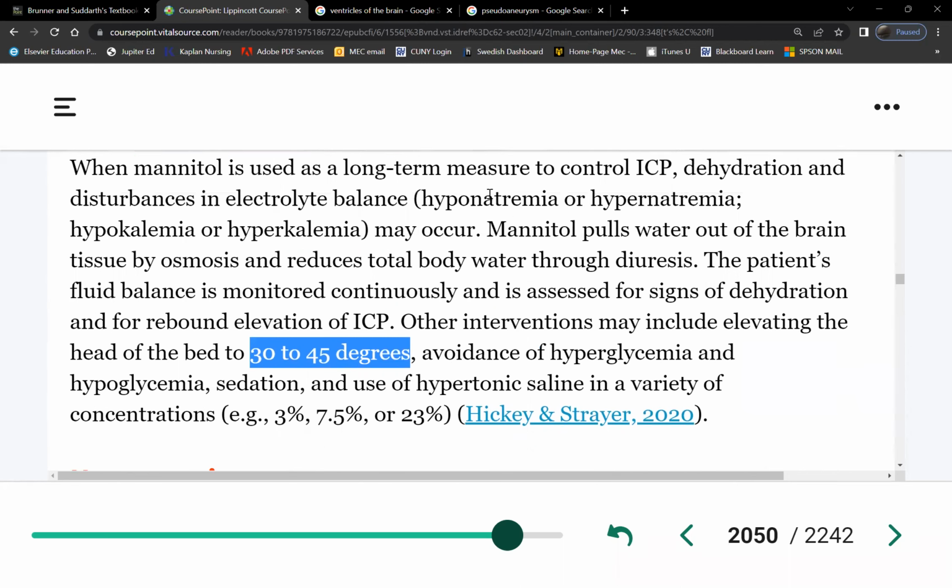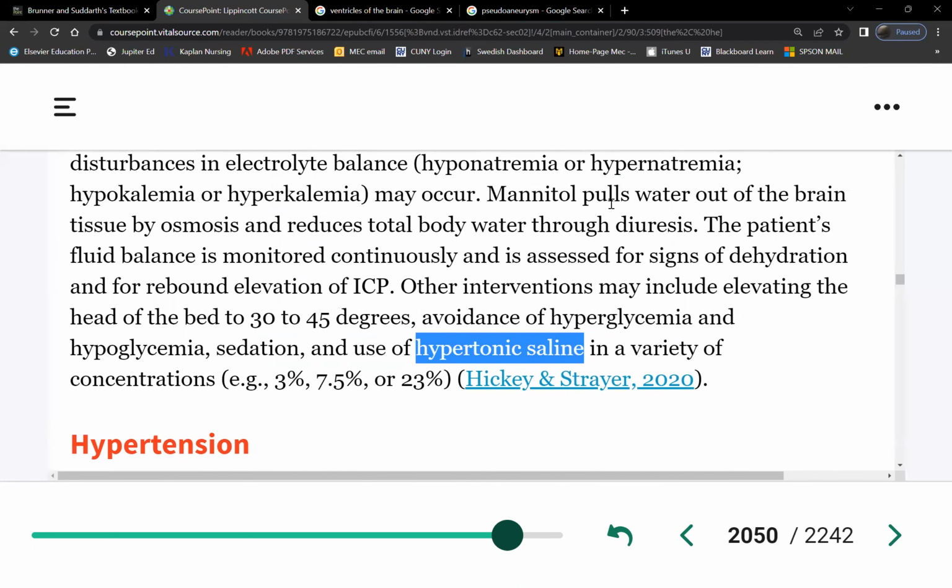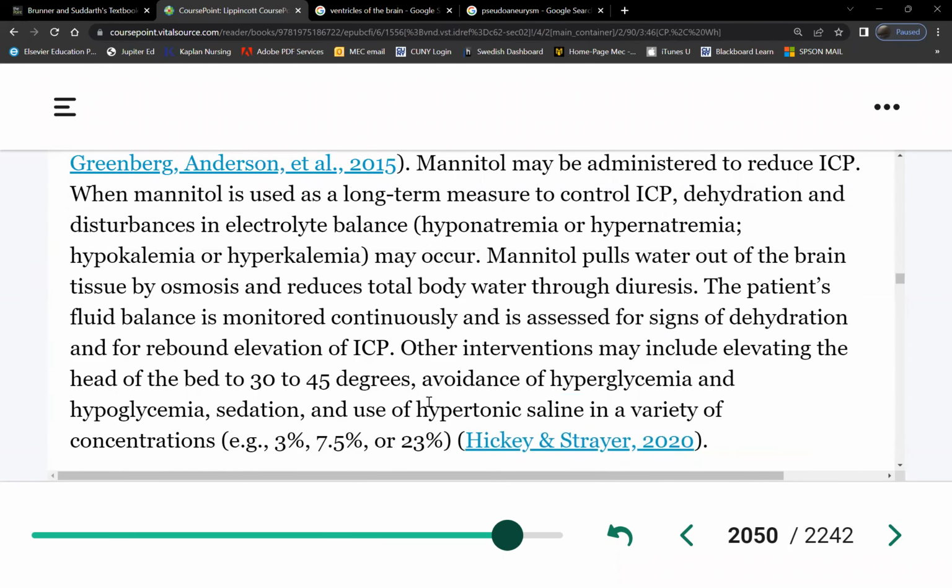So besides mannitol, here's our hypertonic saline. The problem with hypertonic saline, and when it's usually chosen instead of mannitol, is it's 3% NaCl. So the problem with this is what will happen to blood pressure?